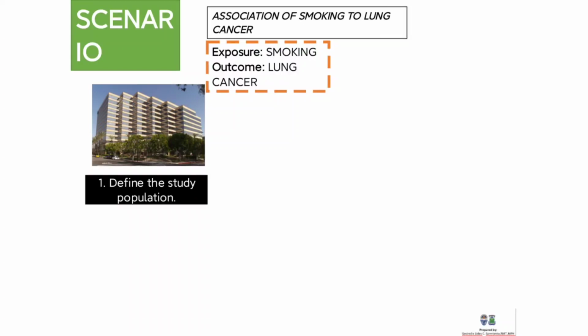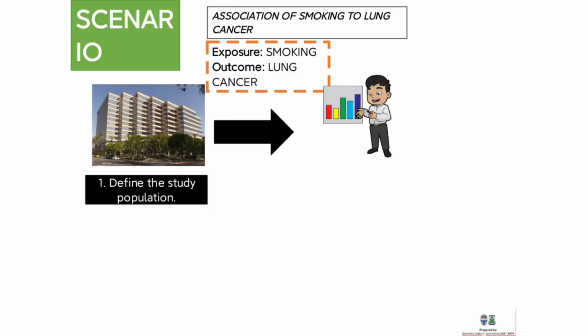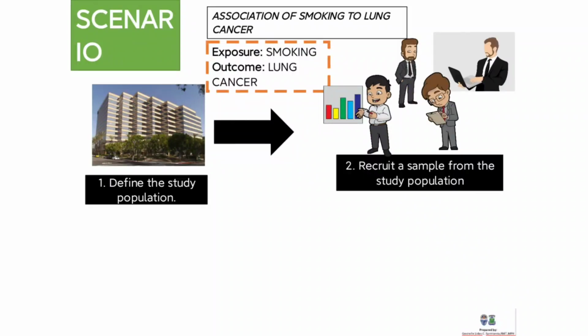And then you identify kung sino kaya yung mga mahilig mag-smoke na population or community. So, ito, nakita niya, baka yung mga BPO or yung mga corporate employees, no? Because they are usually stressed out. So, basically, they are at risk of smoking. Sila yung madalas na nag-i-smoke. Okay? So, now, kunwari sila yun.